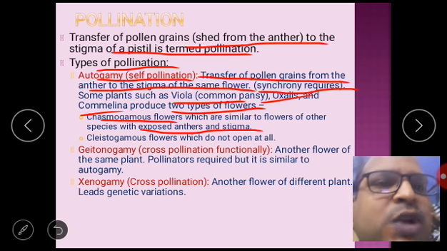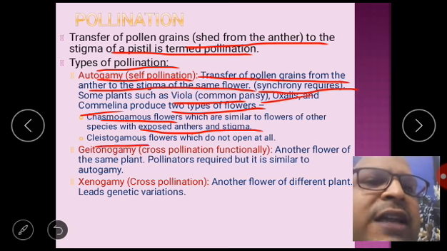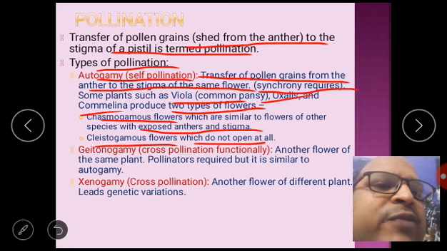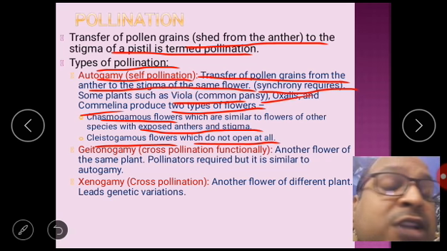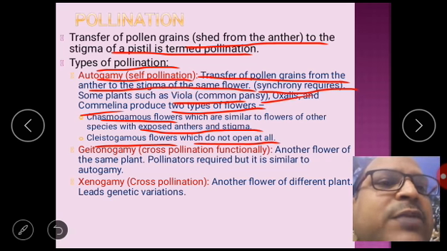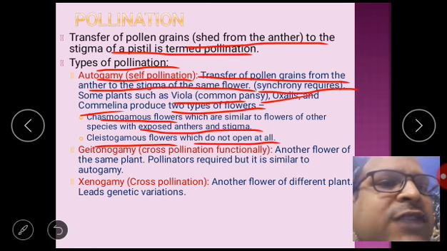The second type is cleistogamous. These flowers do not open at all, so there is no chance of cross pollination. It will be completely self pollination.